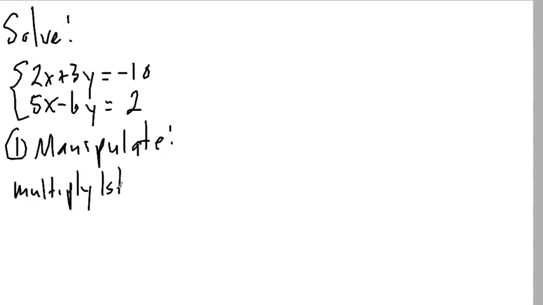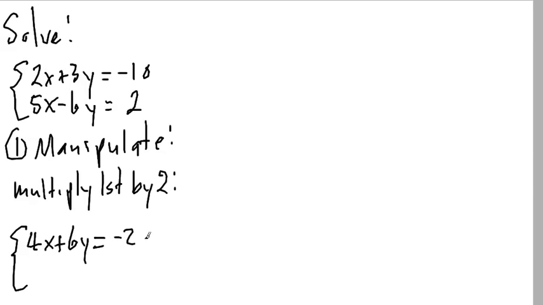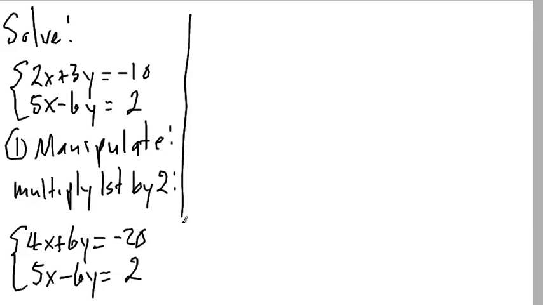So we're going to multiply the first one by 2, and this gives us the new system of equations. 2x times 2 gives me 4x, 3y times 2 gives me plus 6y, and negative 10 times 2 gives me negative 20. And the bottom equation is 5x minus 6y is equal to 2. Good, now I've got 6y and negative 6y.